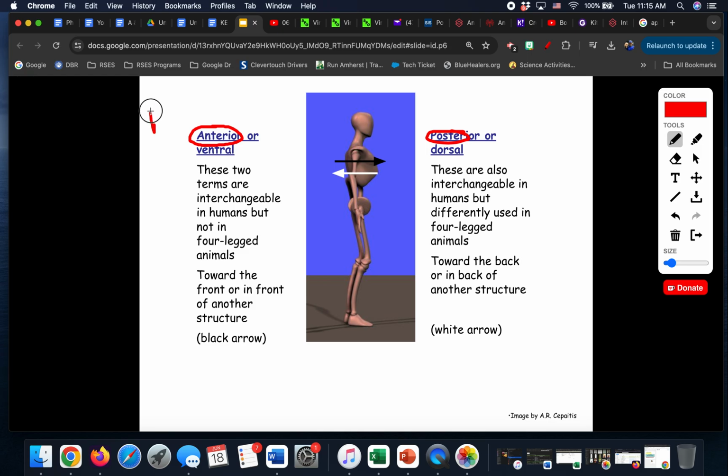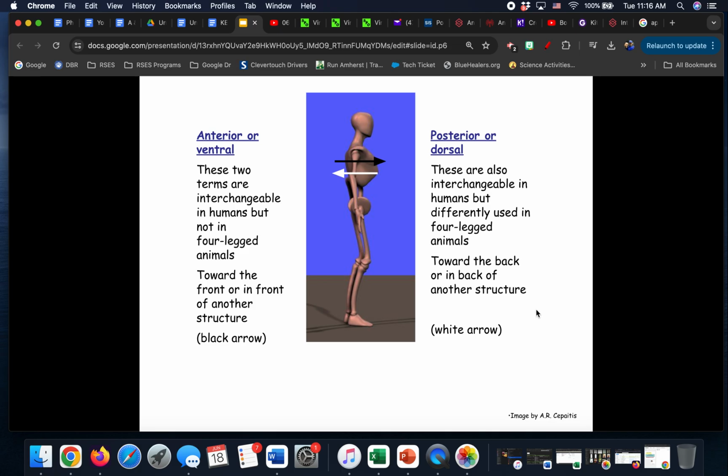I always remember AV because AV meant audio-visual, at least when I was growing up. Dorsal, you might think of like a shark or a dolphin. Their dorsal fin is on their back, so that might be the way to remember it. But, again, anterior is front, so is ventral. Posterior is back, and so is dorsal.